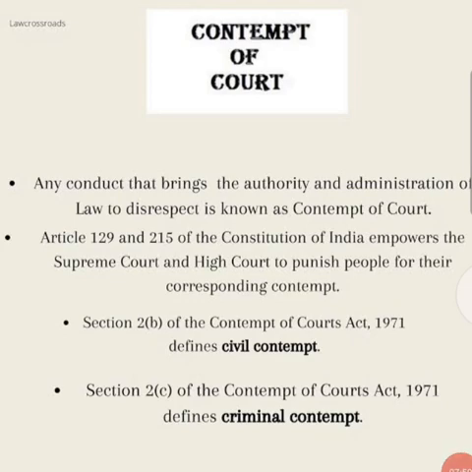The next ground is Section 6, a complaint against a presiding officer of a subordinate court made to a higher court in good faith is not criminal contempt.